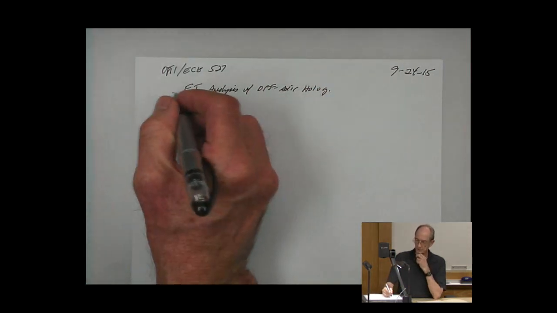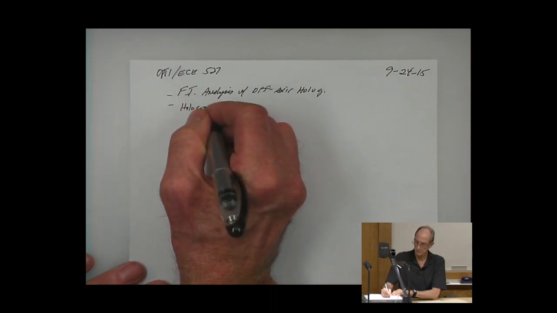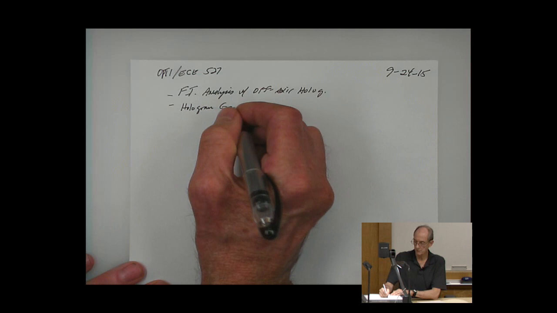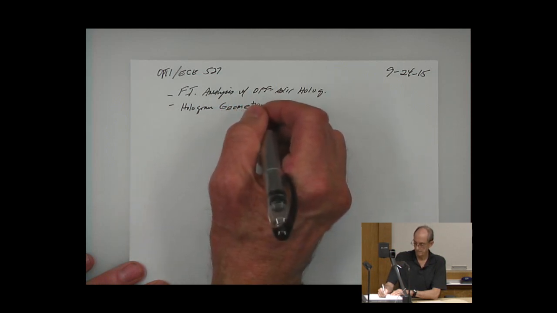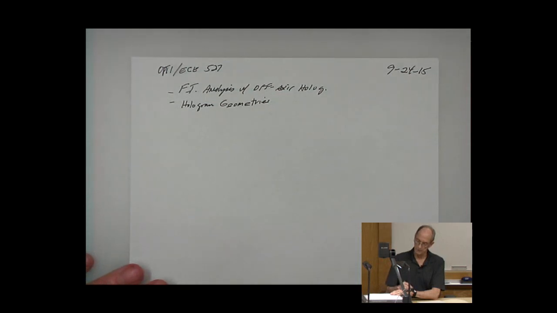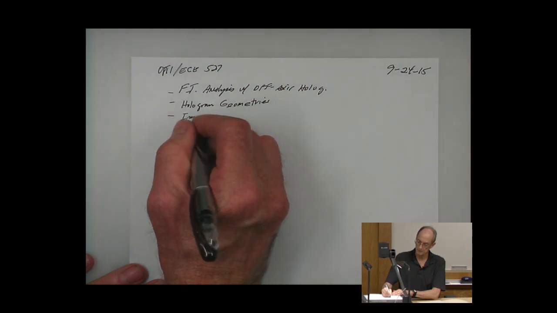After that, I'll look at some different types of hologram geometries that have proven quite useful for various applications. And then after that, if we have time, I'll start on the image analysis of holograms.